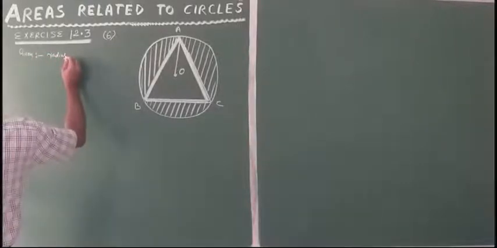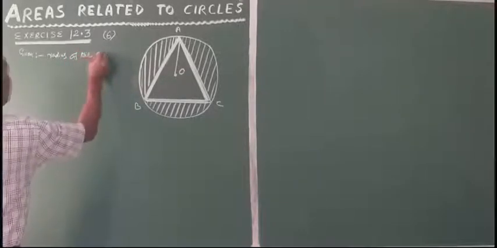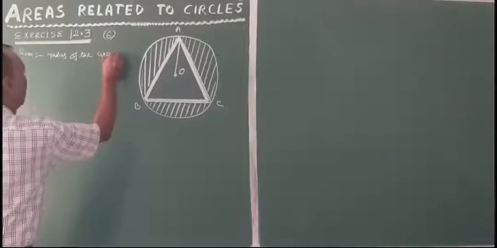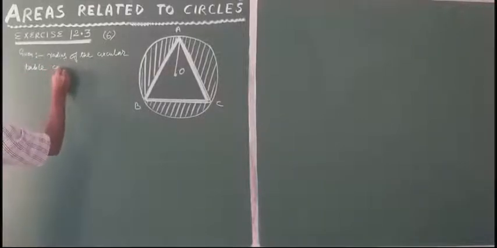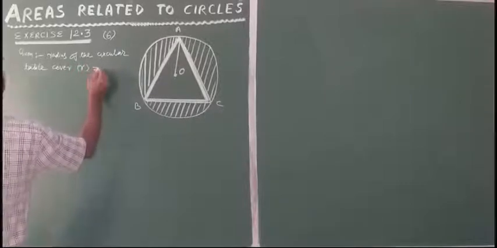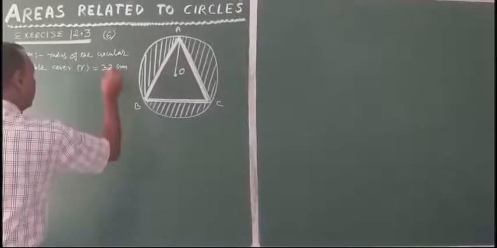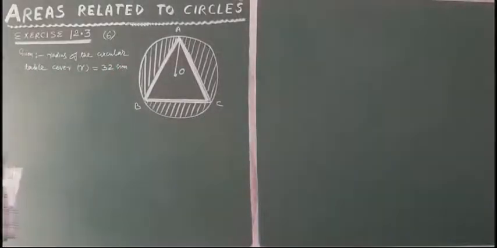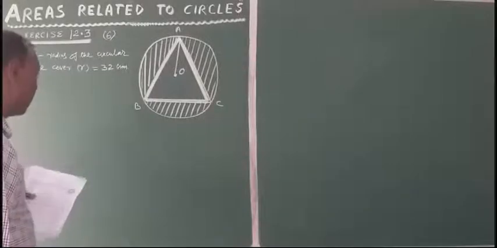The radius of the circular table cover, this R, is given 32 centimeter. A design is formed leaving an equilateral triangle ABC in the middle as shown in the figure.